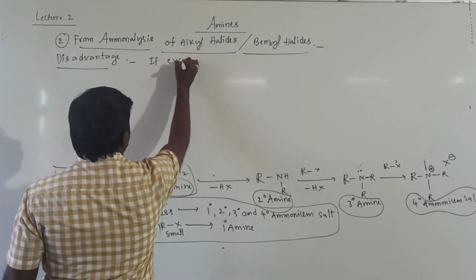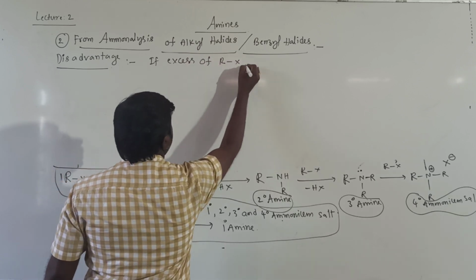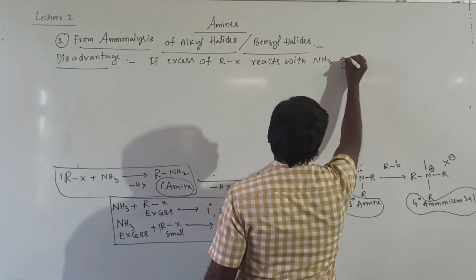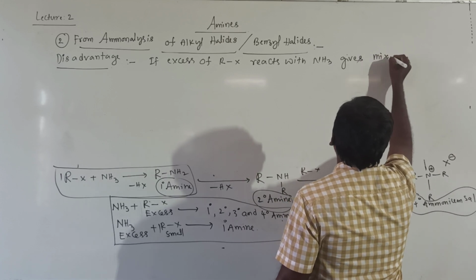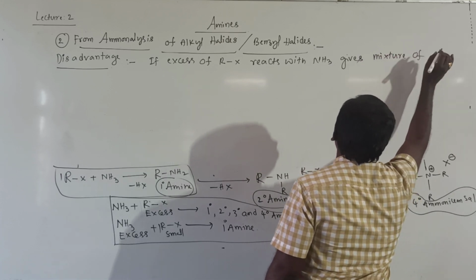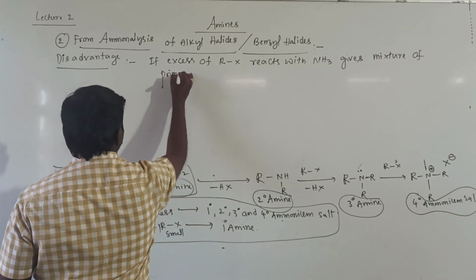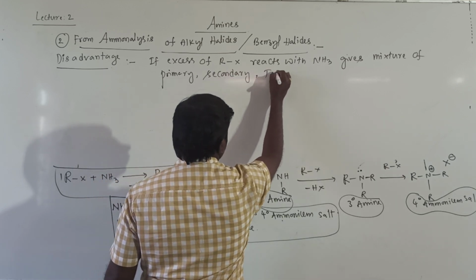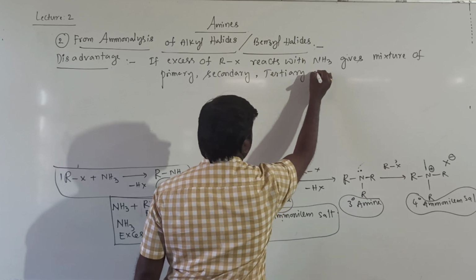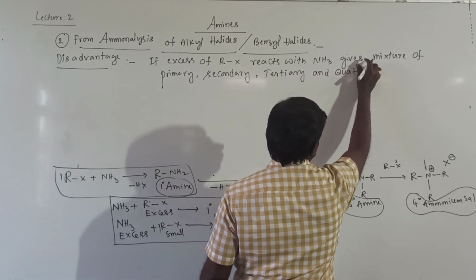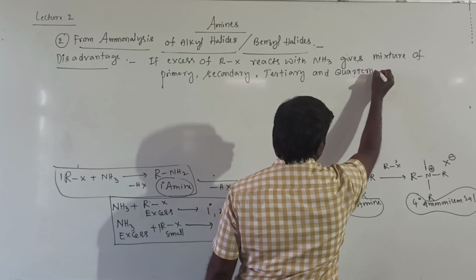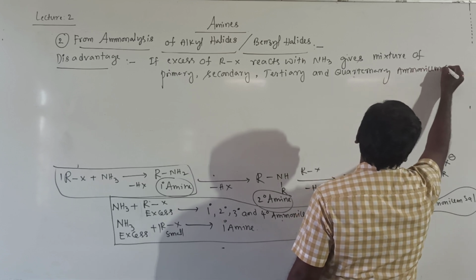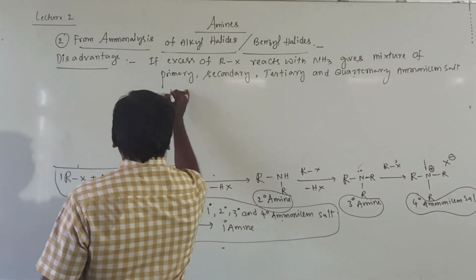If excess of alkyl halide reacts with NH3, it gives a mixture of primary, secondary, tertiary, and quaternary ammonium salt.